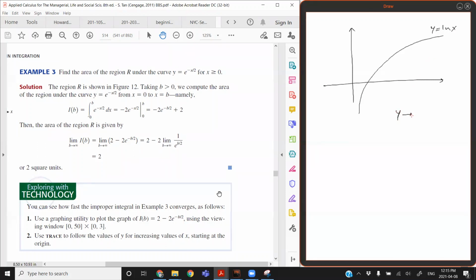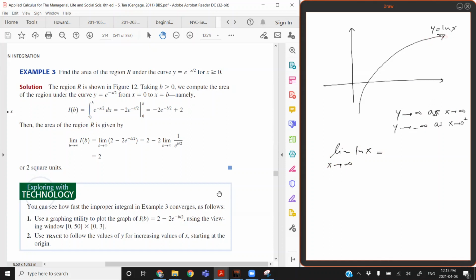Y is going to approach infinity as x approaches infinity, and y is going to approach negative infinity as x approaches 0 from the right. So if you take the limit of ln of x as x approaches infinity, you can see what happens. It's going to continue like this.